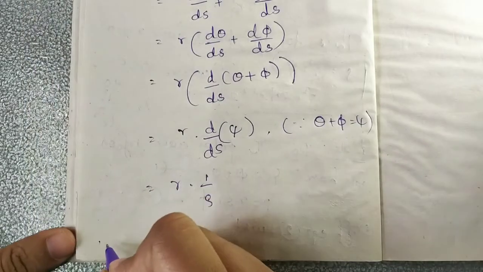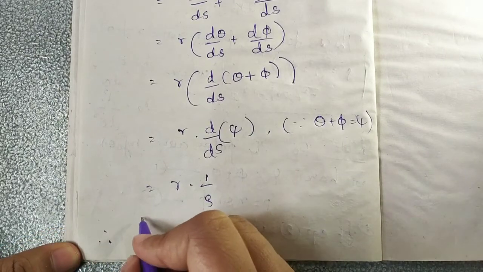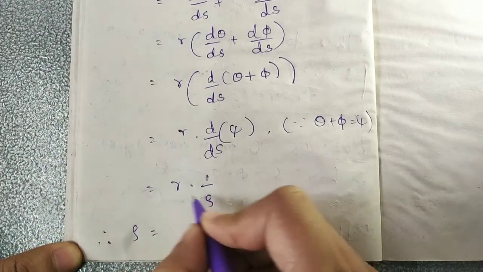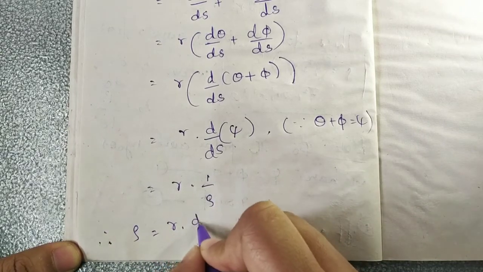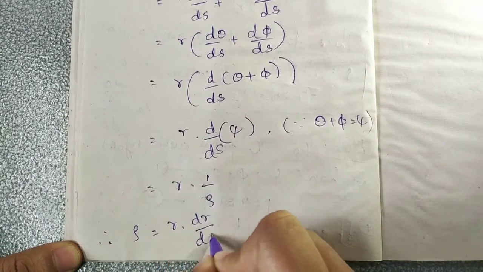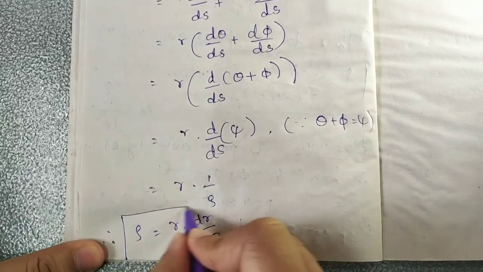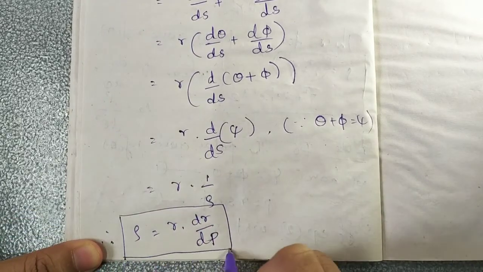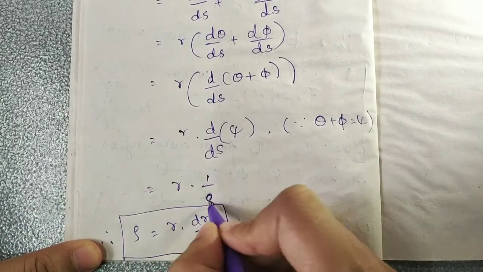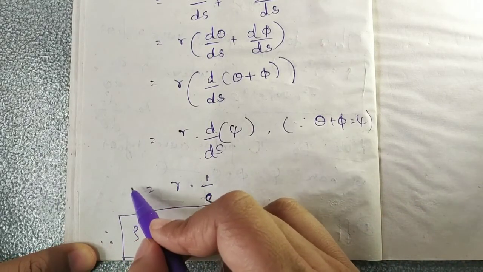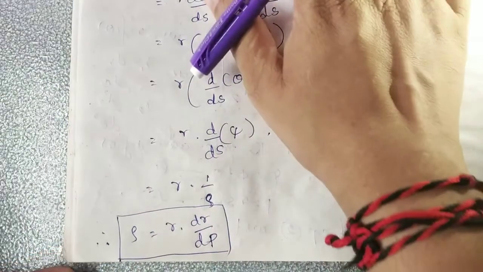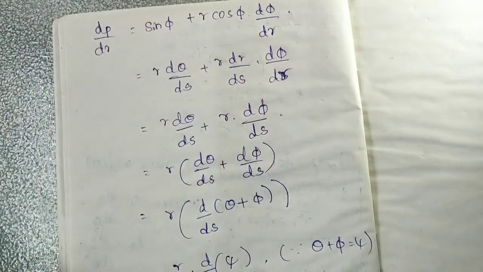Directly you can write in the pedal form as ρ equal to, this ρ is equal to r into dr/dp, which is in the reciprocal format. If you take this side, then dp/dr is here.